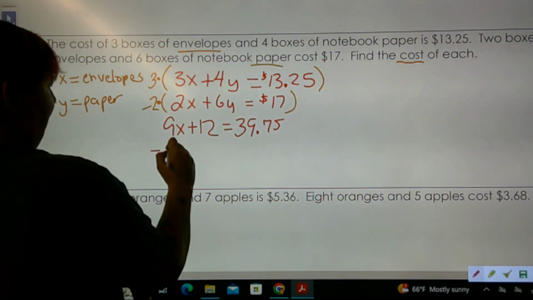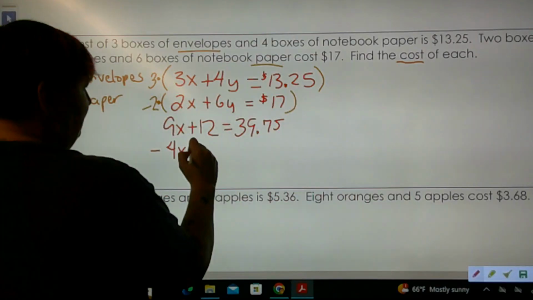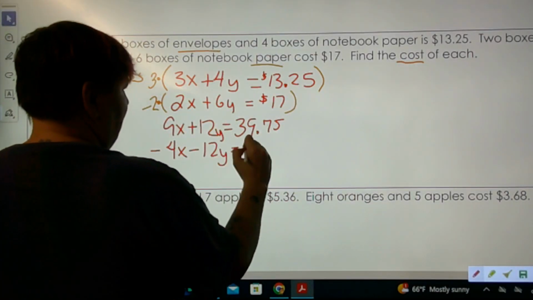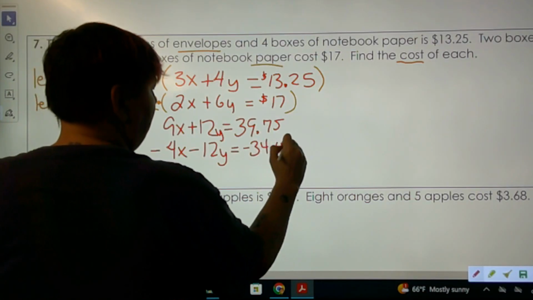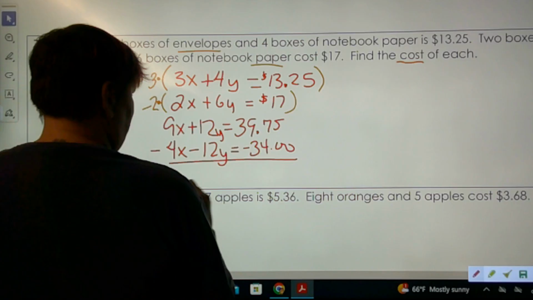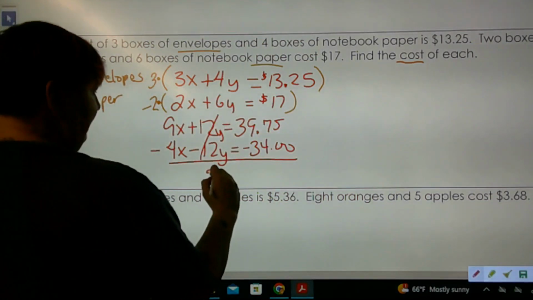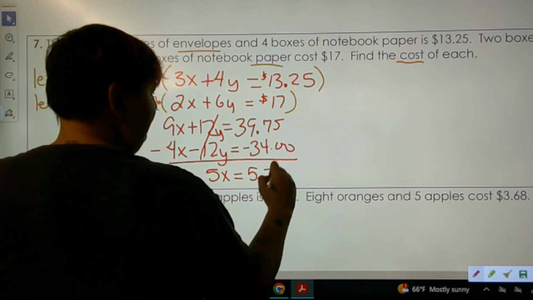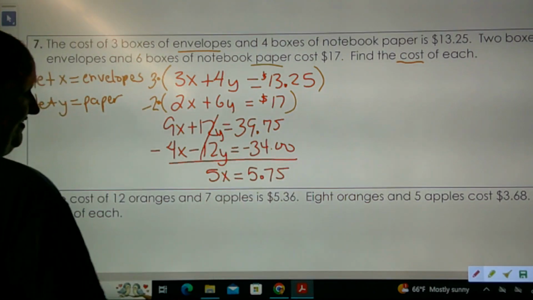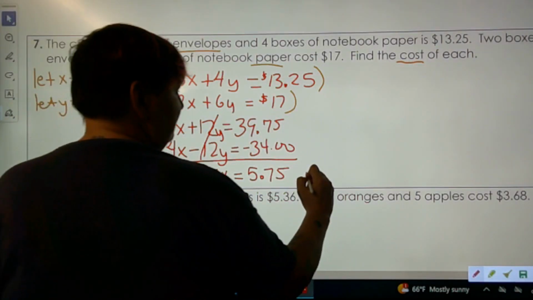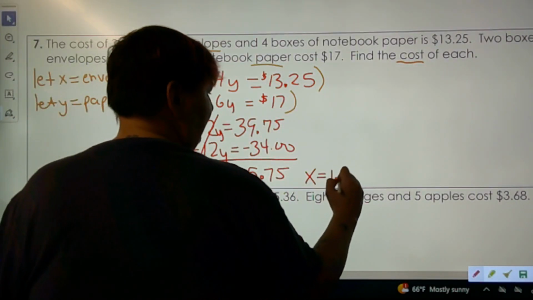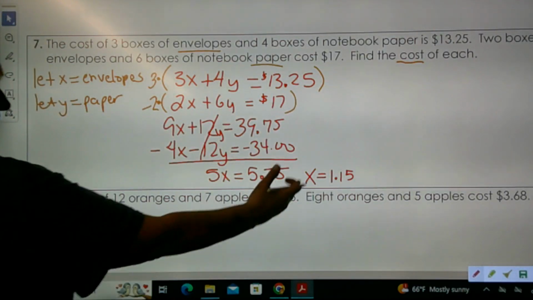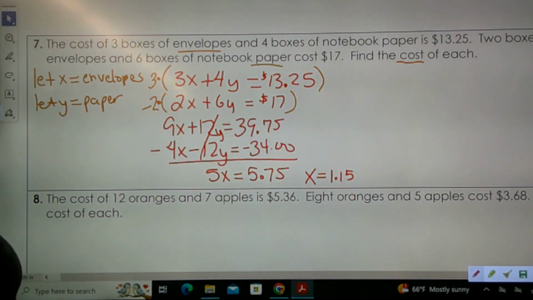And then we have negative 4x minus 12y equals negative 34, which gives us 5x equals 5.75, and 5.75 divided by 5 is 1.15, $1.15. Right, so the boxes of envelopes are $1.15.